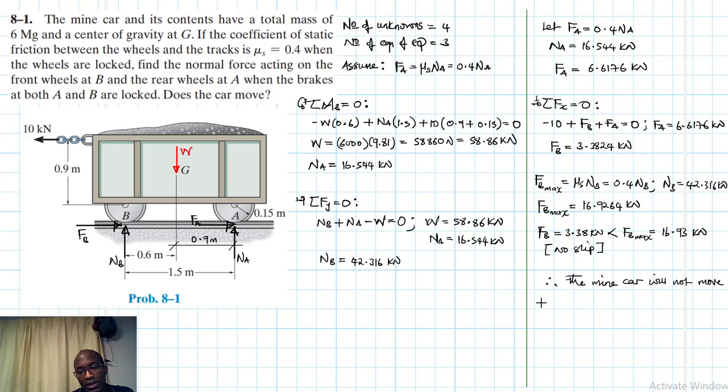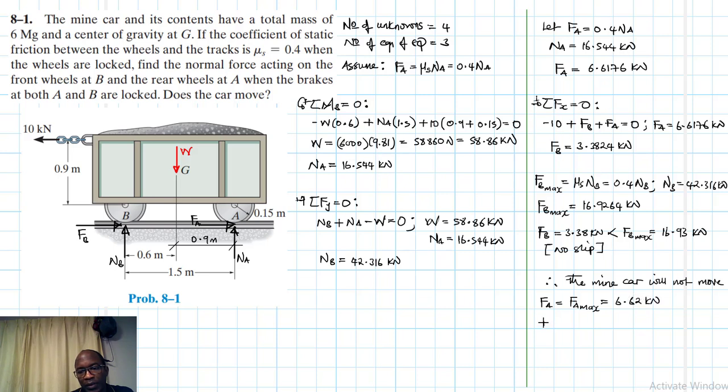So we said FA is equal to FA max, which we calculated as equal to 6.62.